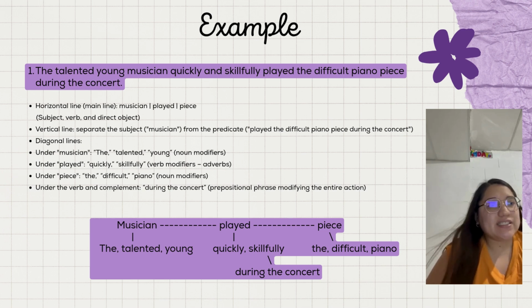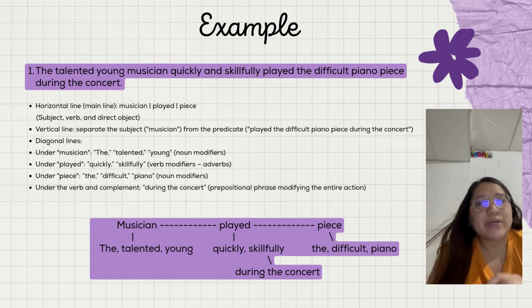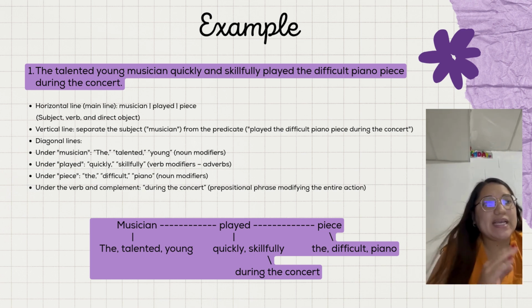Vertical line: separates the subject, musician, from the predicate, played the difficult piano piece during the concert. Diagonal lines under musician: the, talented, young, noun modifiers. Under played: quickly, skillfully, verb modifiers, adverbs.